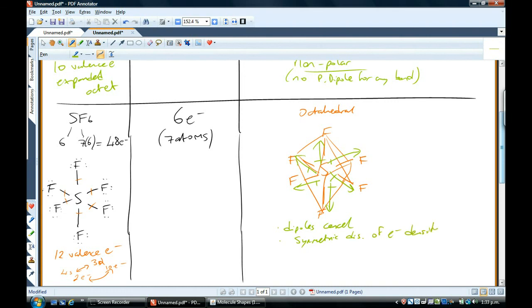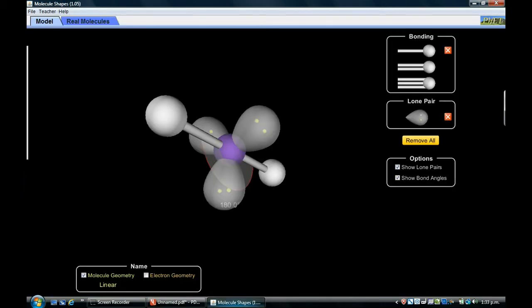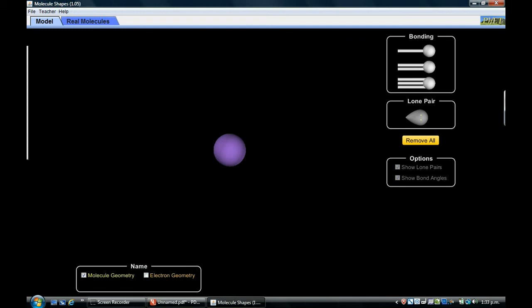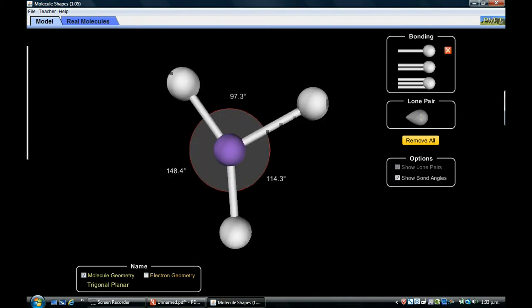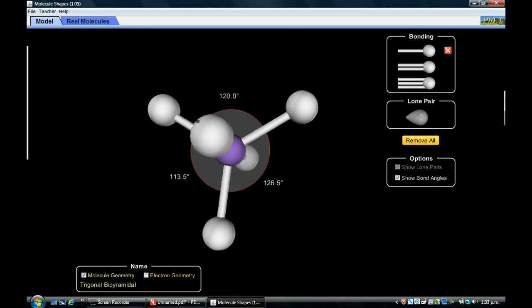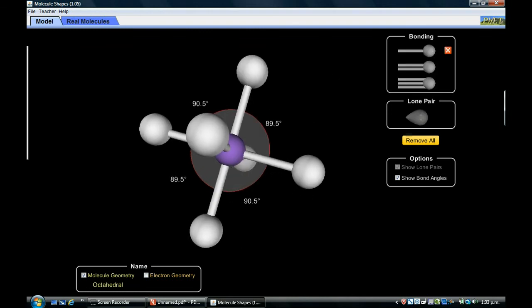Same arguments we're repeating again and again, therefore it's a non-polar molecule. So an octahedral molecule is non-polar, and if we take a look at that in PhET, we want to remove everything. We want to have 6 bonds and no lone pairs. We just put in 1, 2, 3, 4, 5, and 6, and there's your octahedron.